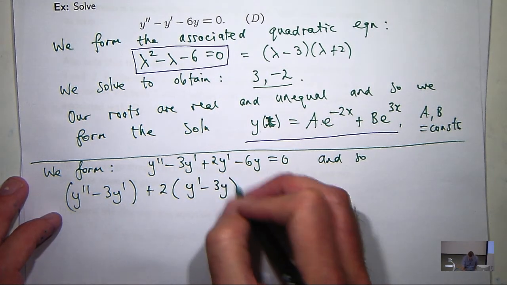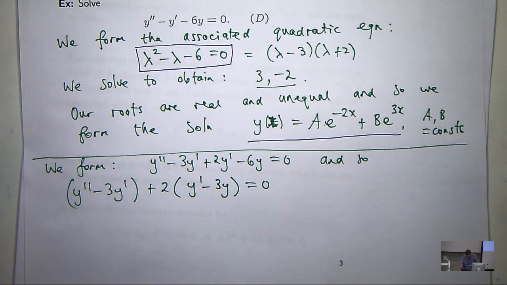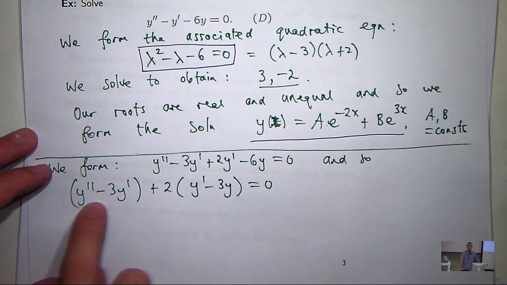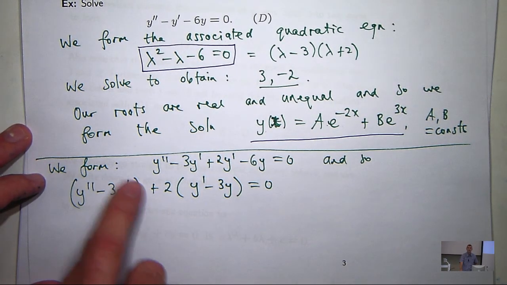So what I can do is make a substitution and turn this bottom line into a first order problem that we know how to solve. So I'm going to let this be u and this be u, same thing.